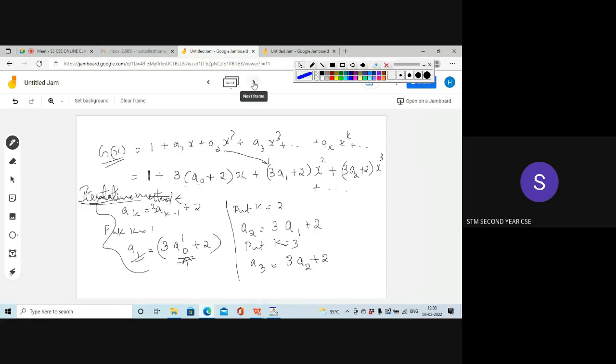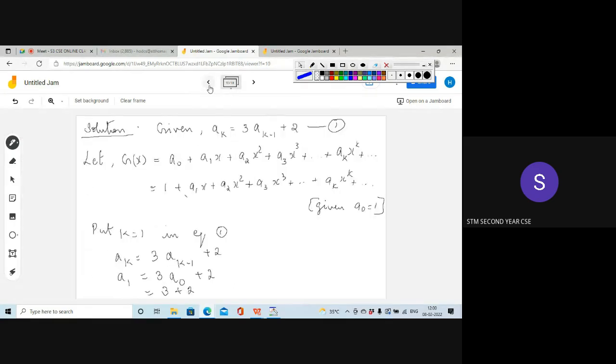See, you're given a question like this: ak is equal to ak minus 1 plus 2, and you are asked to solve this recurrence relation using a generating function. Then the first step is to write the generating function. You know the general form of the generating function is a0 plus a1x plus a2x square, etc. In the question, it is given that a0 is equal to 1.